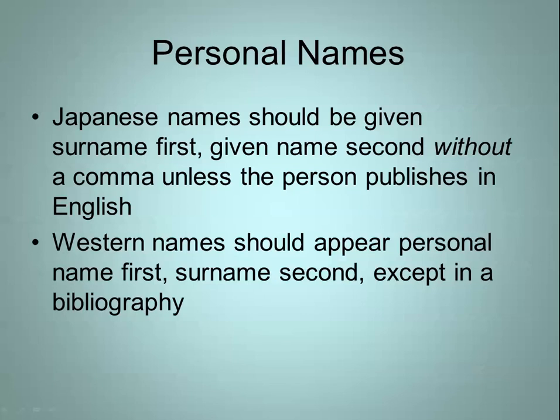If it is within the text of the paper, then it will be in the Western order. So let me use John Smith as an example again. You're writing a paper and you want to say, John Smith said yesterday that it was going to rain. You wouldn't say Smith John said yesterday it was going to rain. You'd say John Smith. But if you were writing about Mr. Suzuki, you'd say Suzuki Taro said that tomorrow it would rain. You wouldn't say Taro Suzuki said tomorrow it would rain.